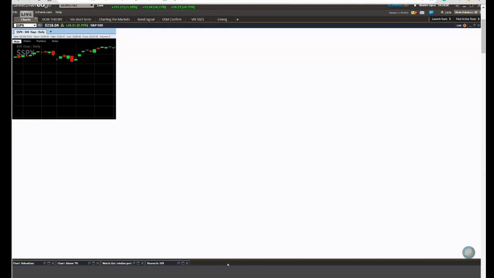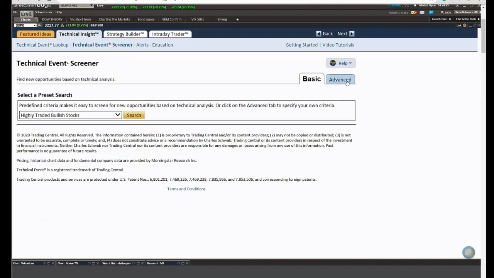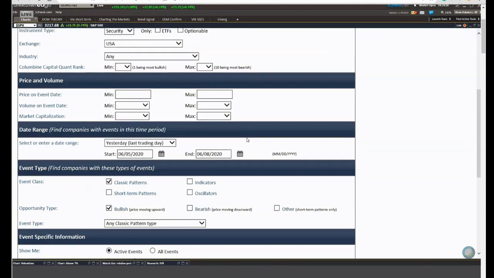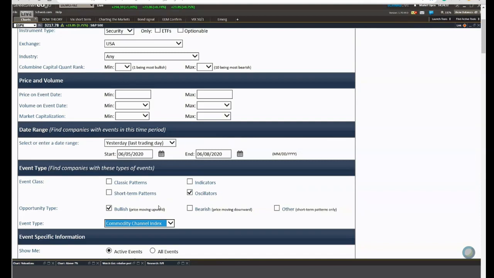Then we go to Technical Insight, and then the screener, Advanced. We look for bullish oscillator signals, and there's the commodity channel index.